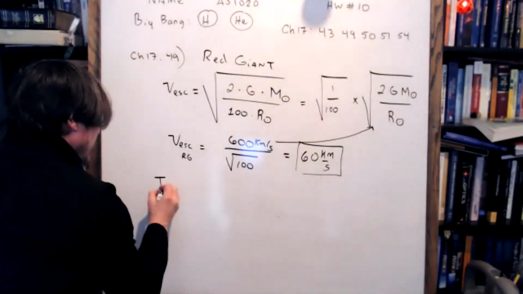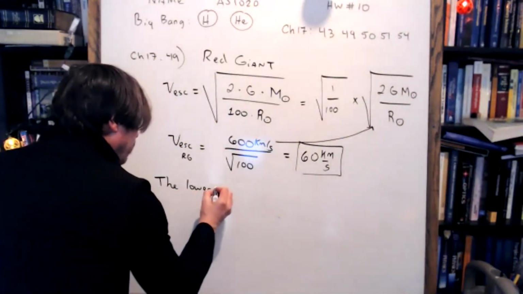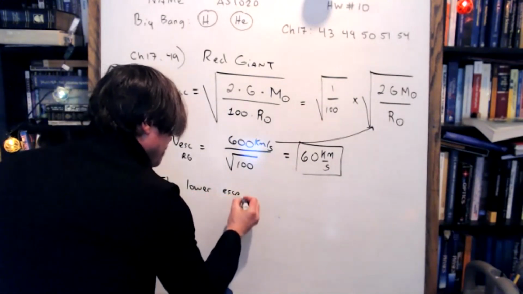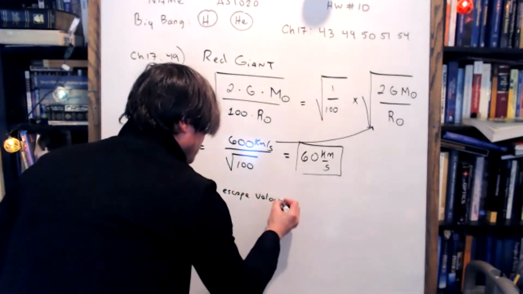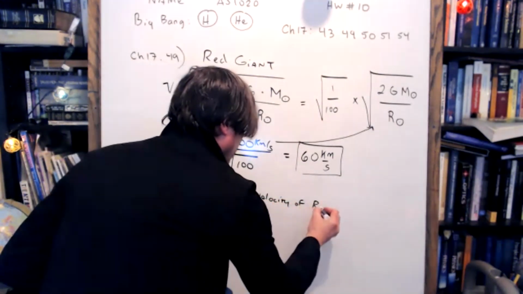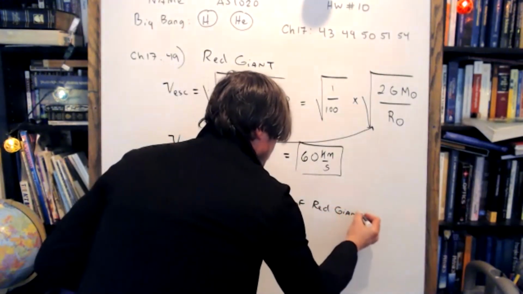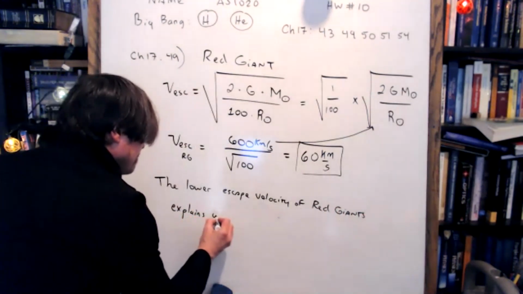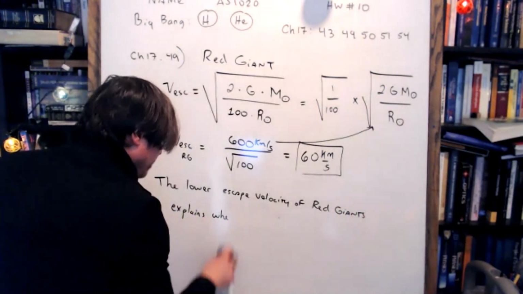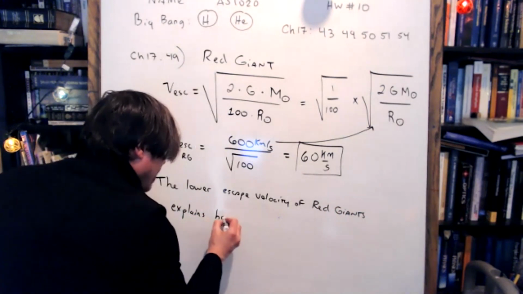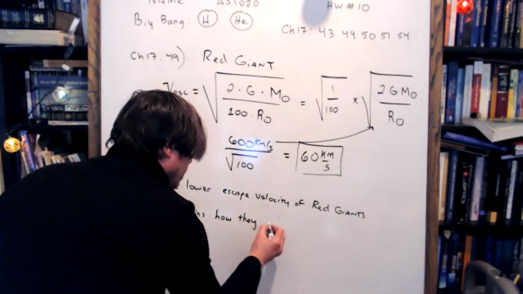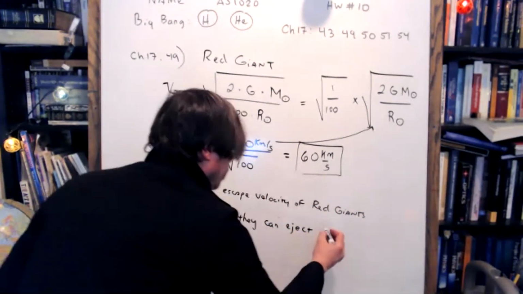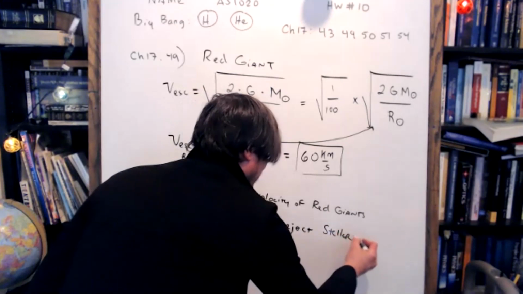We'll just say the lower escape velocity of red giants explains how they can eject, and the term is called stellar winds.